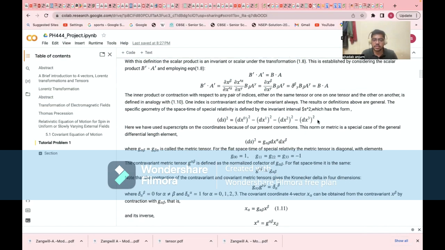Now we know that this is a Lorentz invariant quantity. The various coordinates and time: c²dt² minus dx² minus dy² minus dz².